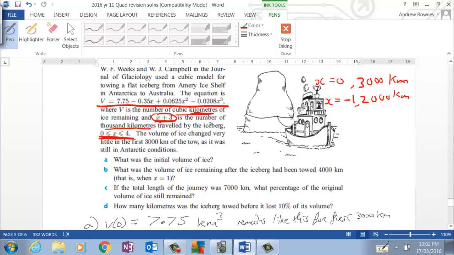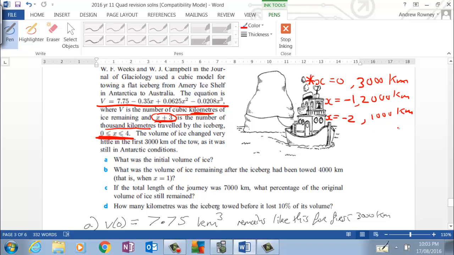So that's 2,000 kilometres, and we can't have x be minus 1 because we have to be in the range from 0 to 4. If you towed it for 1,000 kilometres, that's equivalent to x being equal to minus 2. It's minus 2 plus 3 is 1, and we can't have that. So that actually says for the first 3,000 k's, it's always going to be the same volume of ice. It's the same as this value here.